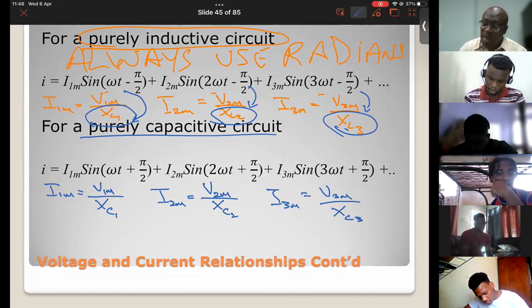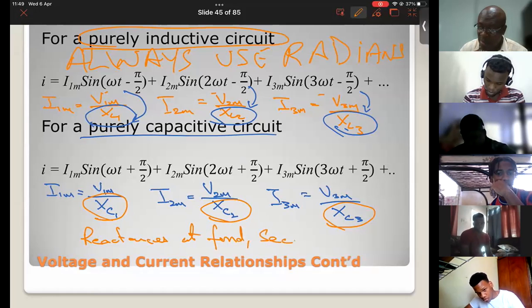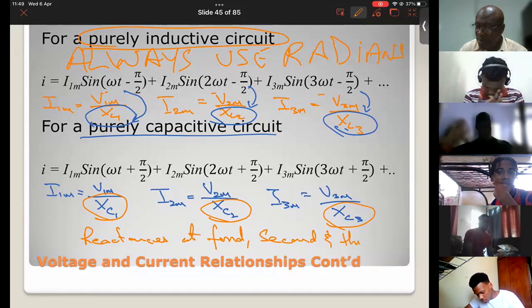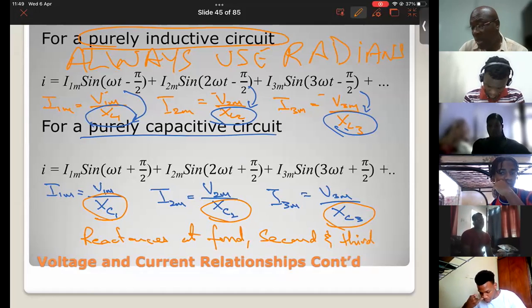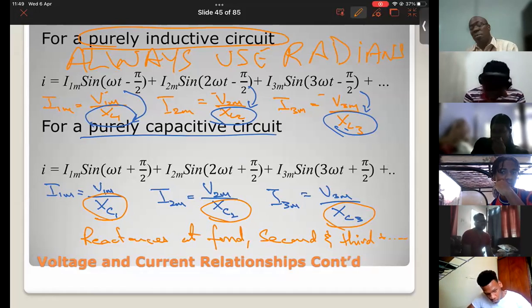Again, XC1, 2, and 3 are the reactances at your fundamental, your second harmonic, and your third. Of course, if we had fourth and fifth, then those would apply.